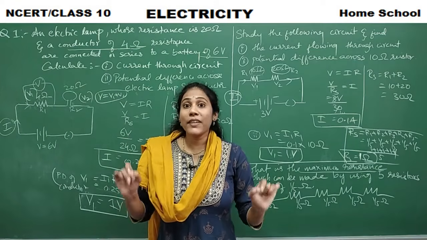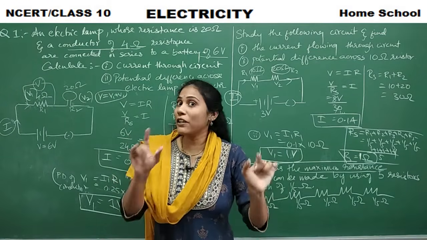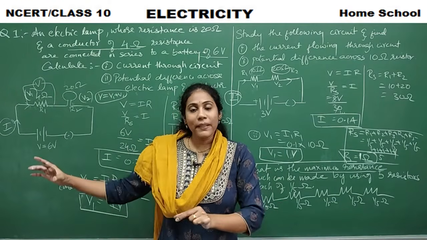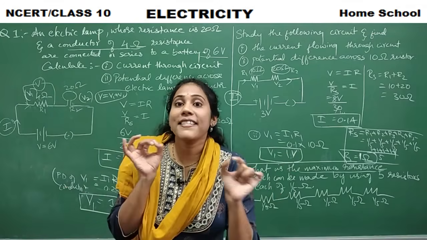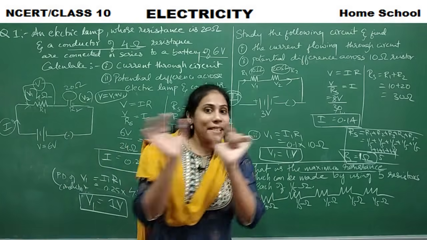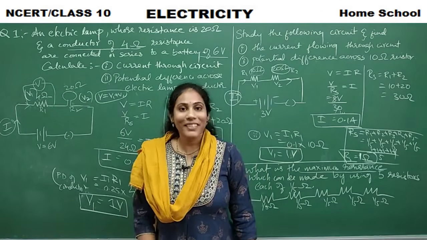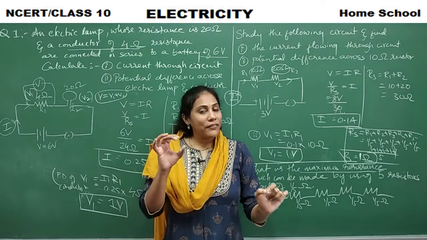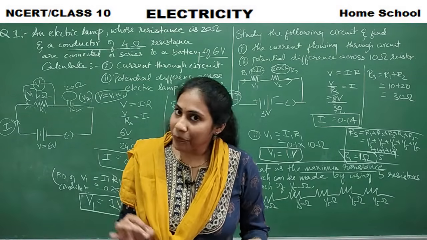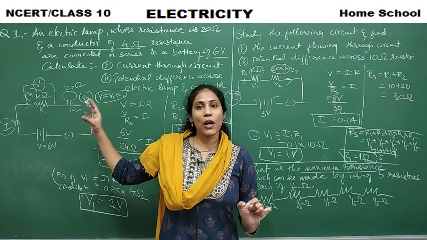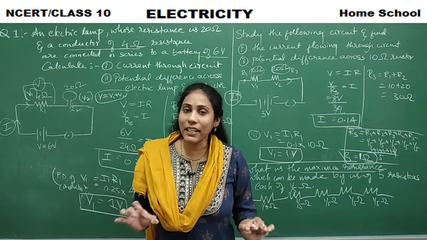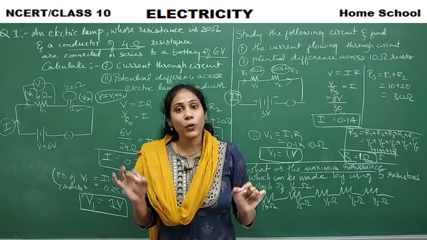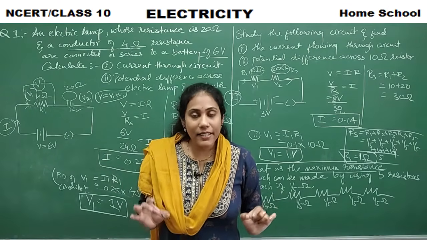Okay, the point looks very simple, but you should keep it in mind because the next topic is combination of resistors in parallel, where the concept is exactly opposite, right? So we will meet up in the next class with the concept of combination of resistors in parallel, which is going to be a very, very interesting thing.